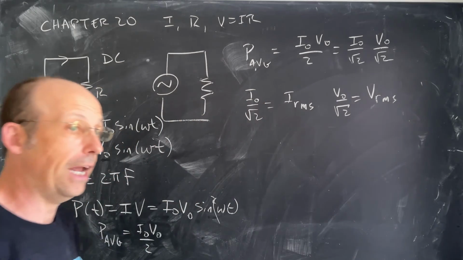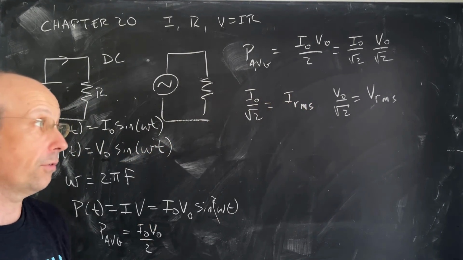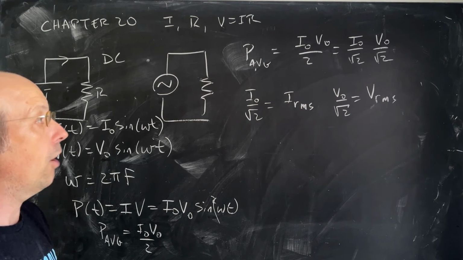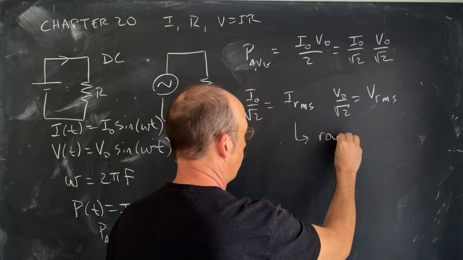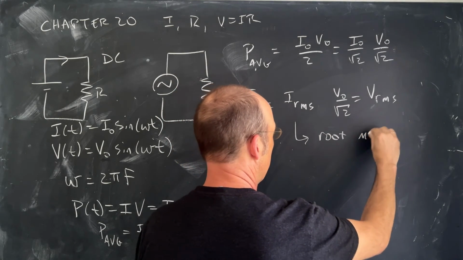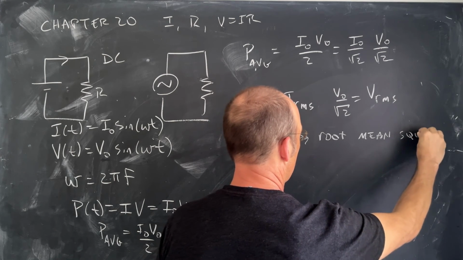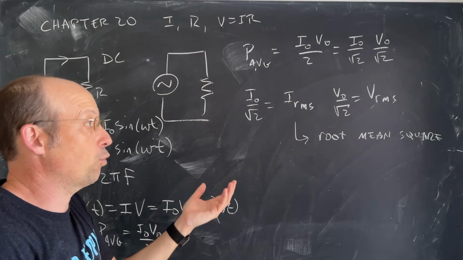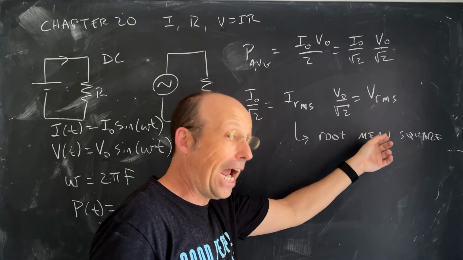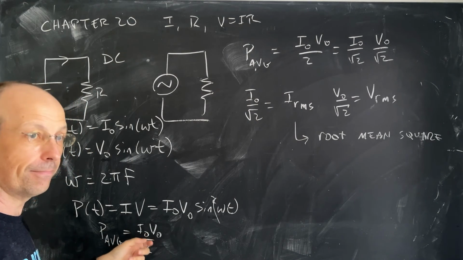So when you measure AC currents and AC voltages with your voltmeter, you're measuring the RMS voltage. RMS stands for root mean square. So it's because we're taking the square root of the average of the square, right? Because that's what we did over here. That's why.